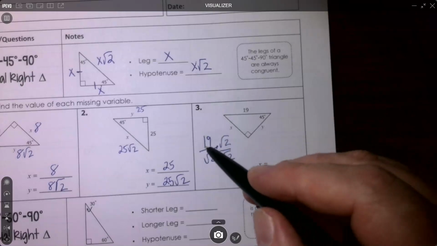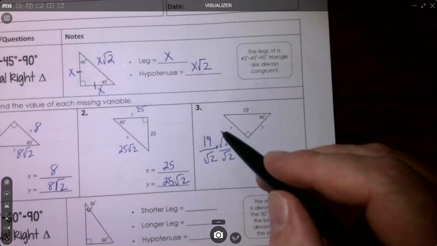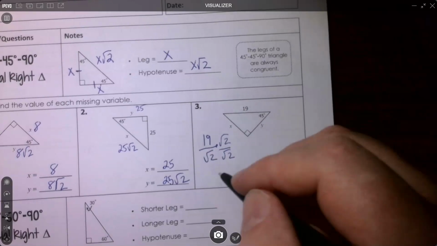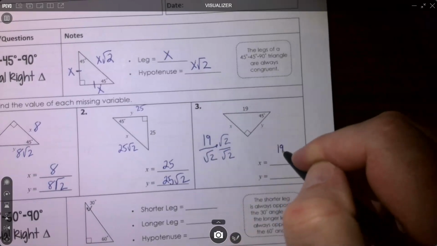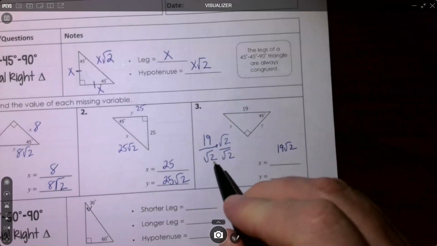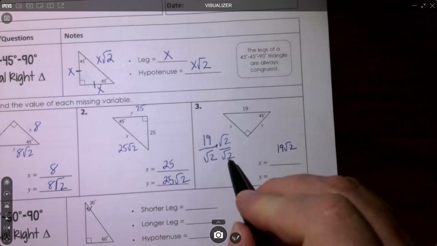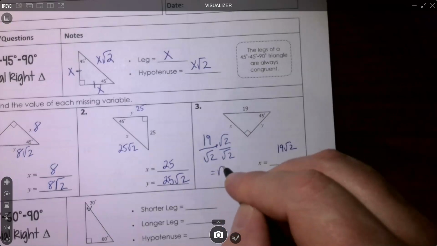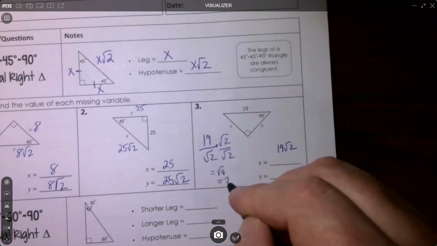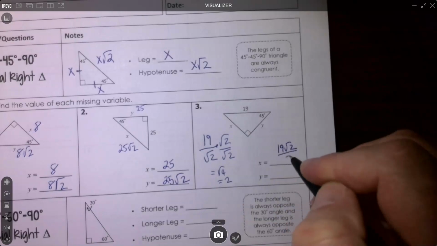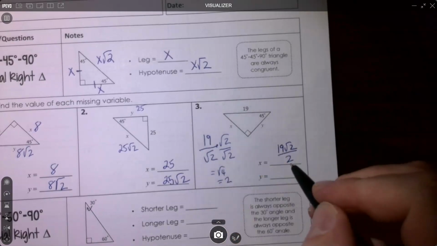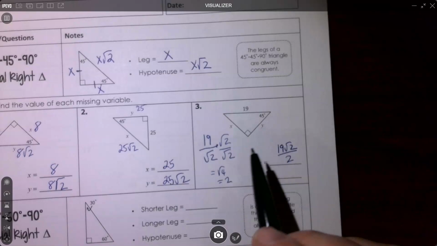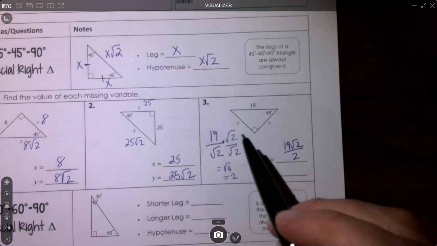So these two end up being together, so that would be 19 square root of 2. Now, the square root of 2 times the square root of 2 is the square root of 4, which is 2. So the bottom square root gets removed. And that's all you're doing, so you can do it quite quickly.